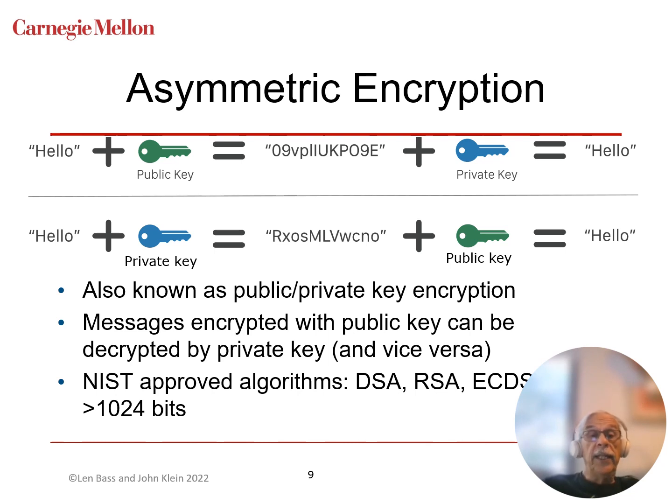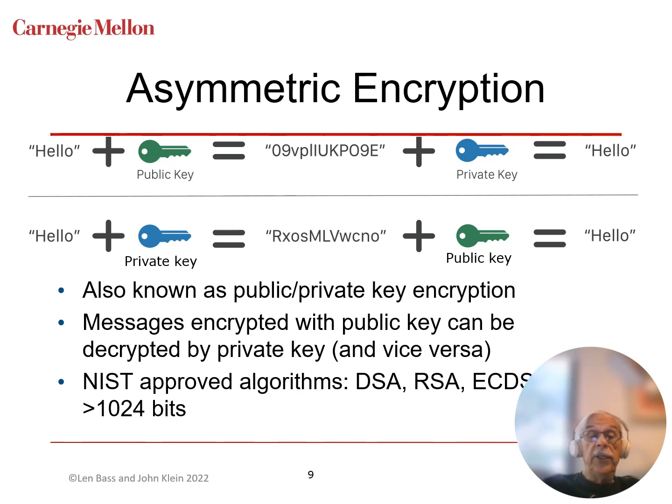The top line is maybe the public key first, and the second key is the private key. The second line of that diagram is the other way around. You start with the private key, you get gibberish, and you use the public key to decrypt it. We'll talk about applications of that.